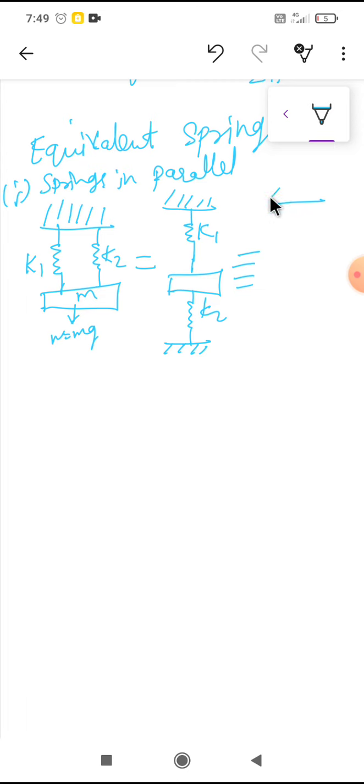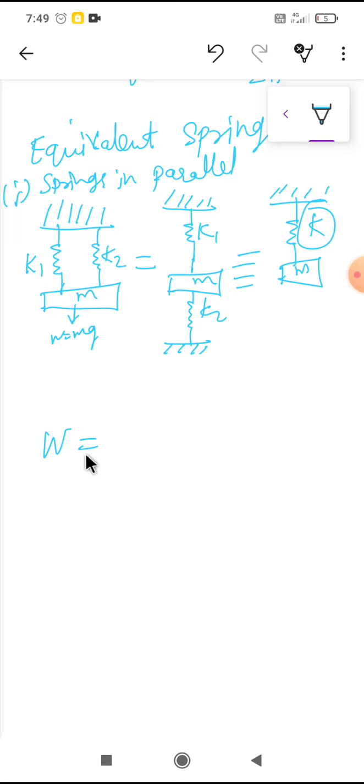If I want to use just one spring, that is a spring with stiffness K having the same mass, what will be the value of that K? Instead of two springs, if I want to use just one spring, what will be the K? Let's see this diagram. Suppose the total weight W is mg.